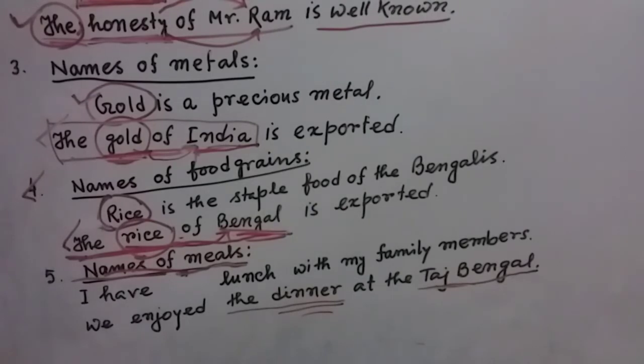Sometimes maybe once in a year we go to have our dinner in a particular place. So here we mean this dinner which is taken in the Taj Bengal. That means this meal is particularized. In this sense we must use the term the. We enjoyed the dinner at the Taj Bengal. It's a special one, so in this situation we have to use the.